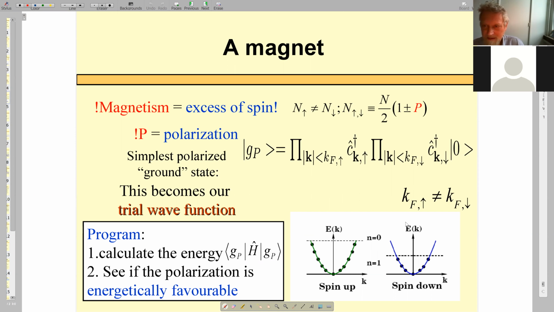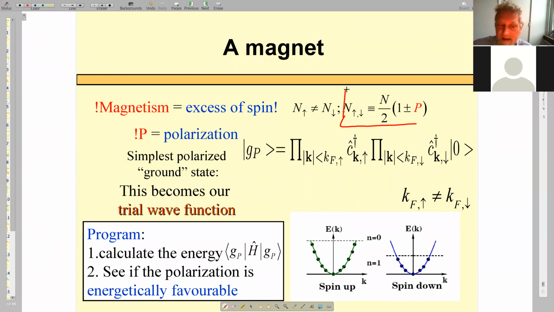If I look at the axis in the direction of magnetization, I plainly have more electrons with spin up than with spin down. Excess of spins. So that's what I wrote.